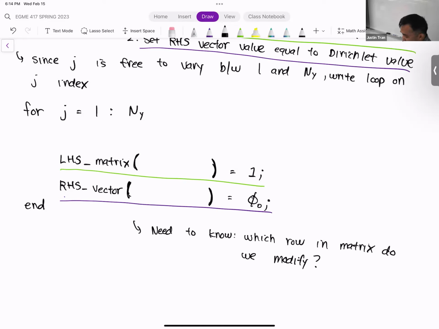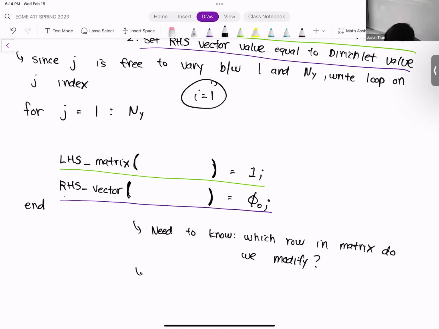To identify the row, we know for the left boundary that I is equal to 1, and remember that's fixed. We know the J is going to vary between 1 and ny, and we're writing a loop to iterate over all of that.